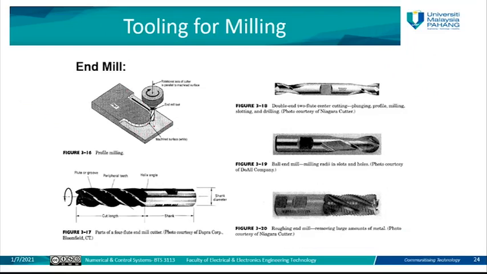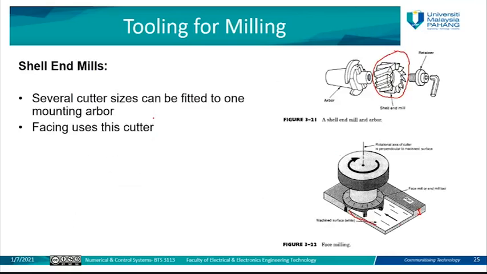We need to generate many coordinates to cover the whole area because of this type of end mill. But here, this will rotate, and this part will be used to cover a bigger area for the milling operation.